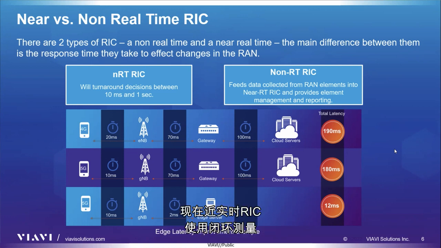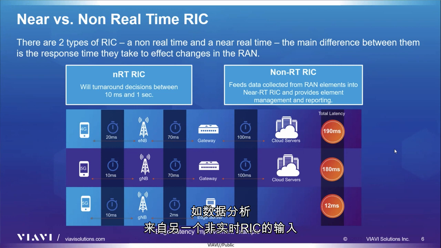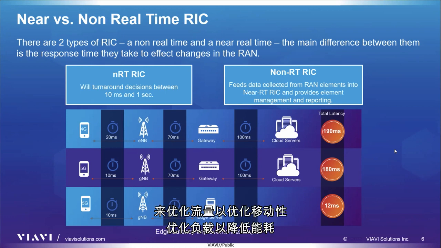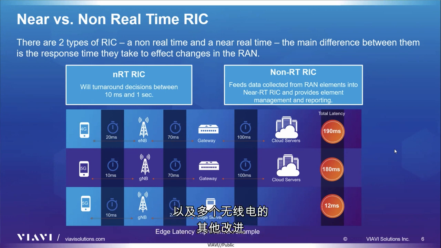Now, the near real-time RIC uses closed-loop measurements such as data analytics, inputs from the other RIC, the non-real-time one, artificial intelligence, machine learning algorithms to optimize traffic, to optimize mobility, to optimize load, to reduce energy consumption, and other improvements across multiple radios. The near real-time RIC tends to be located close to the network edge to assist in low latency transactions.